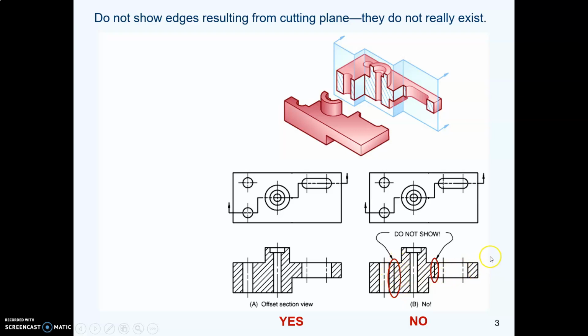And the reason for that, you can probably imagine, is that if you were to do it wrong and put edges where the saw blade cut through, your machinist would think, oh, I'm supposed to make a corner there. I wonder what that edge is. But of course there is no corner, there is no edge. This is just you slicing through your part. So no lines, no edges where your cutting plane went through, just plain old hatching.